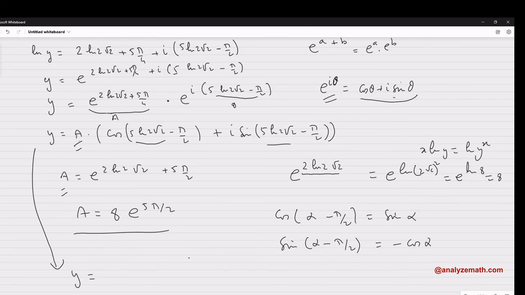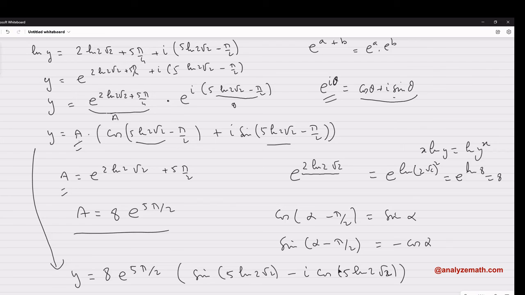So we start with A. A is 8 e to the 5 pi over 2, open the bracket. Now cosine of alpha minus pi over 2 is going to give me sine of alpha, where the expression is 5 ln 2 square root of 2, and then plus, there is a minus sign, so minus i cosine 5 ln 2 square root of 2 again. Here we close the bracket.